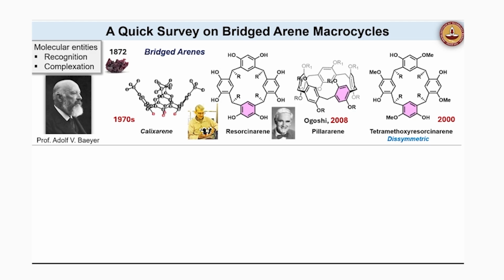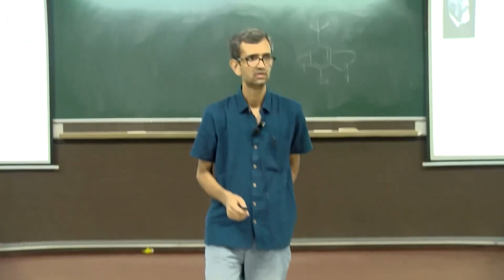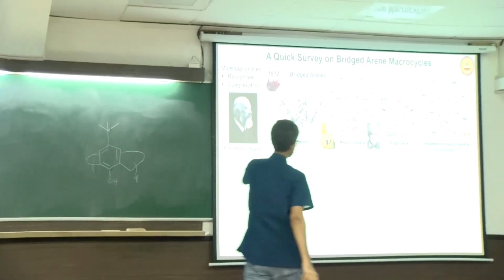Another person came up with a quite recent advancement in the macrocycle. He used 1,4-dihydroxybenzene instead of 1,3-dihydroxybenzene, para.